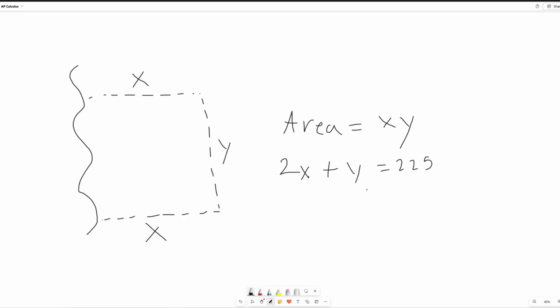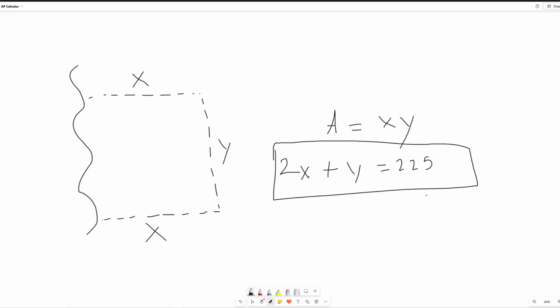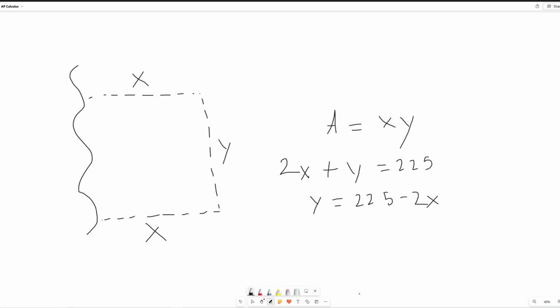So now, I'm just going to denote the area function as A. If we have A equals xy as our area function, how could we solve this? Because if we just take the derivative of it, it's not going to get us anywhere. So we actually need to manipulate the perimeter equation, which has a constant, to y equals 225 minus 2x.